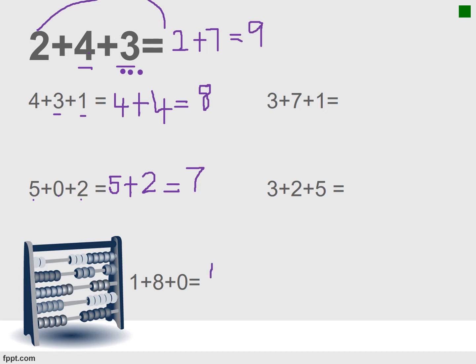Number 1 here plus 8 plus 0 is 8. 8 plus 1 is 9.